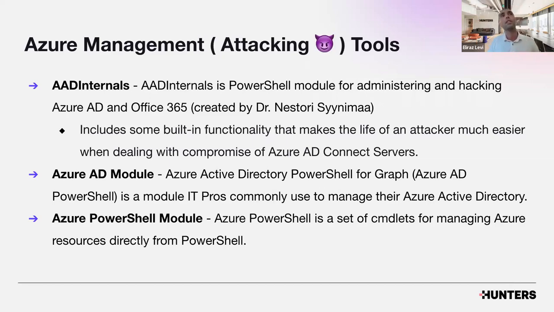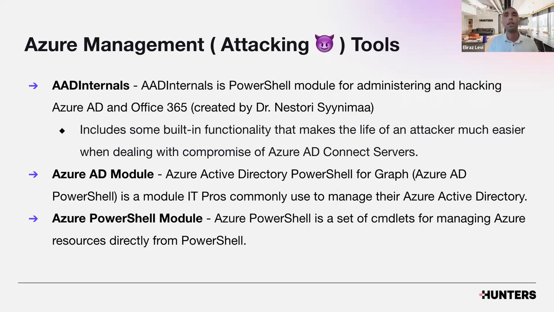In addition to this module, we are going to use two other modules, the Azure AD module and the Azure PowerShell module. Unlike AADInternals, which is usually used for hacking purposes, these two modules are usually used by IT specialists.